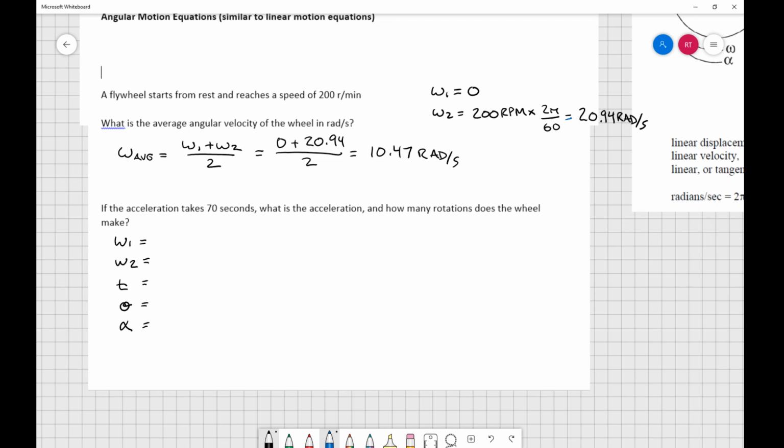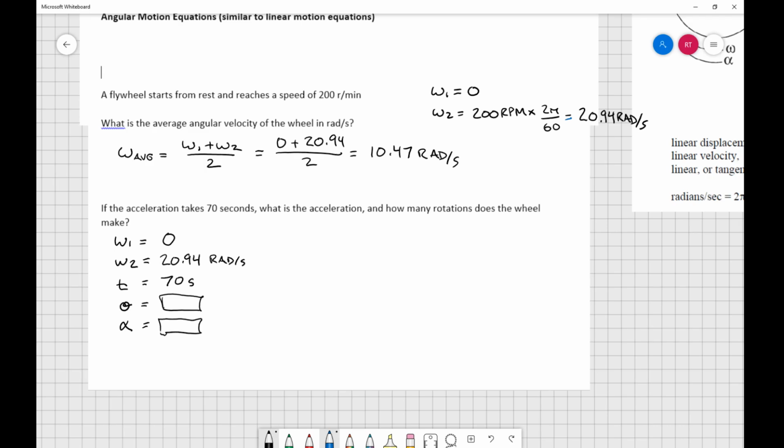This time omega 1, omega 2, t, theta, and alpha. And I'm going to list out what I know. So omega 1 is 0, omega 2 is 20.94 radians per second, my time is 70 seconds. I don't know my theta, and I don't know my alpha.